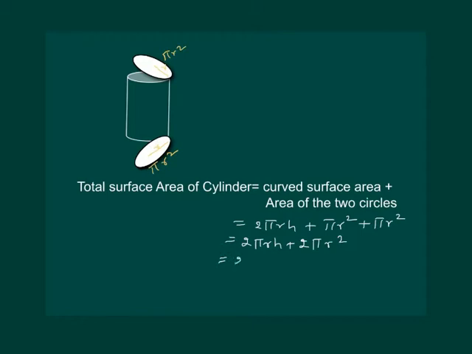We can take out 2 pi r common and we are left with h plus r in the bracket. Now we will remember this as a formula. Total surface area of a cylinder is equal to 2 pi r into r plus h, where pi can take the value 22 by 7 or 3.14 or the value that is mentioned in the question.